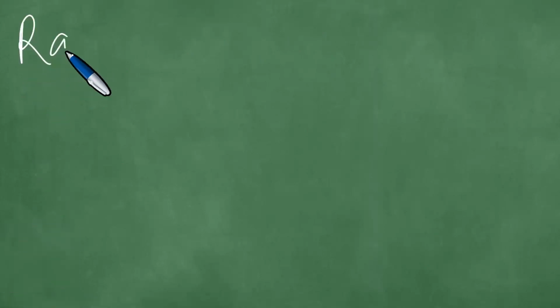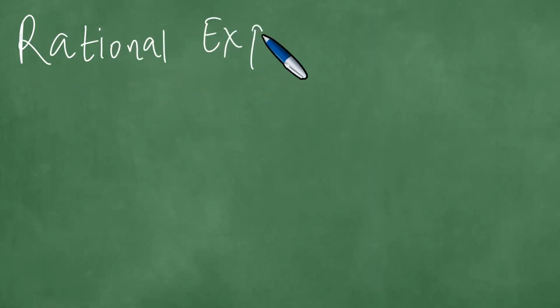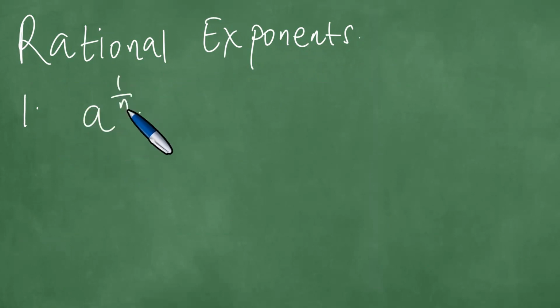Number 1: a to the power 1 over n equals what?